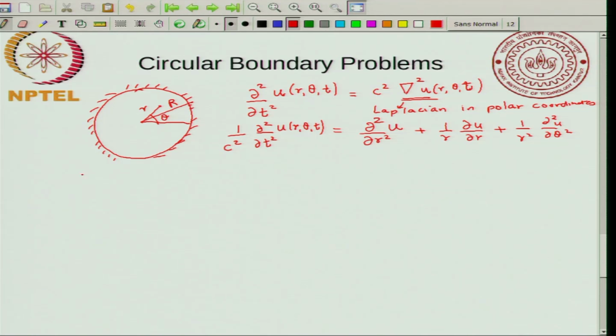Now let us look for solutions that have a circular symmetry, that are symmetric in theta, independent of theta.